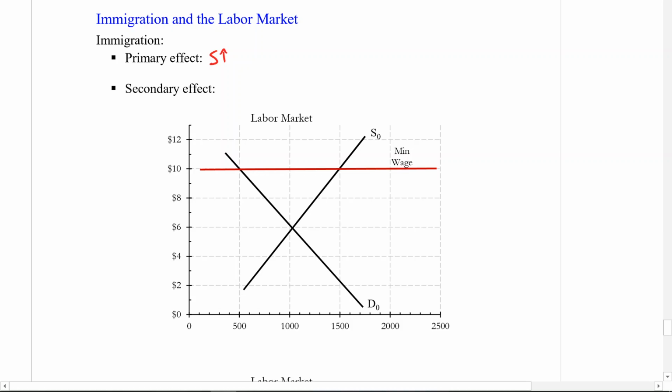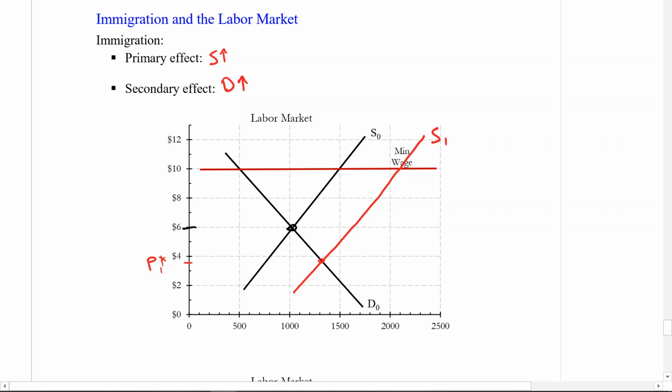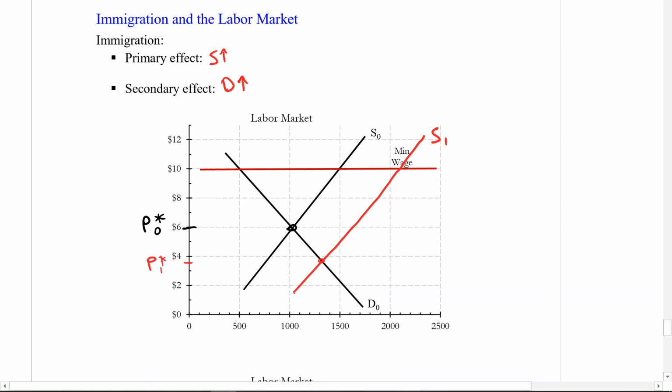So immigrants come into the country, yes, the supply increases, so we can draw that. But also the demand increases, the demand for labor. And so where we would have had this decrease in the price down to P1, let me throw our initial equilibrium in there as well, P star 0, it's quite possible that this increase in immigration, which also increases demand, some of that price decrease will be offset.